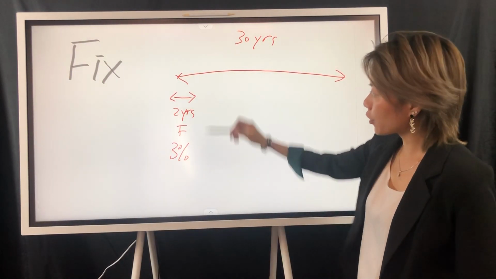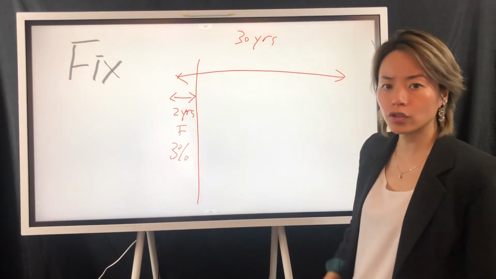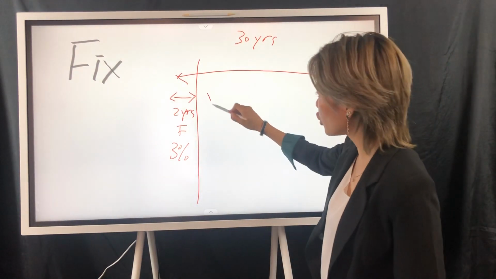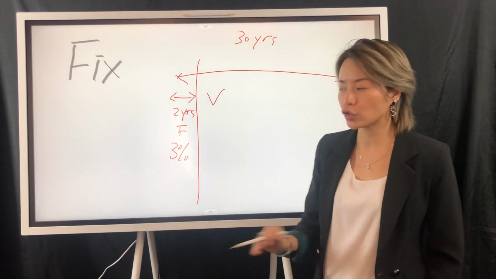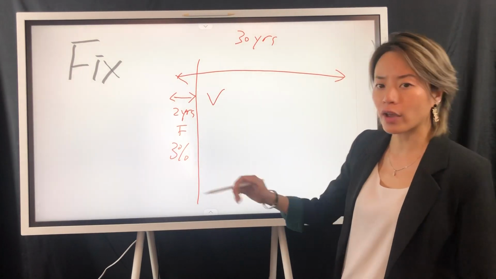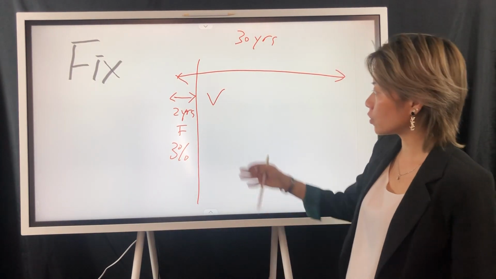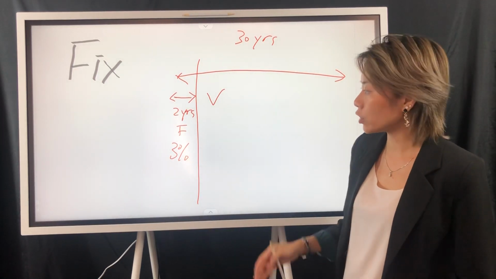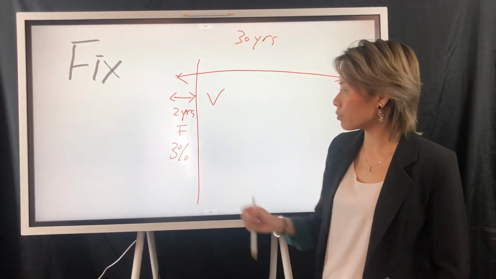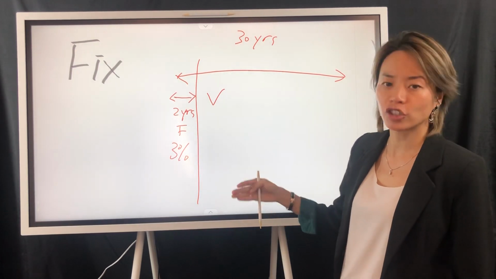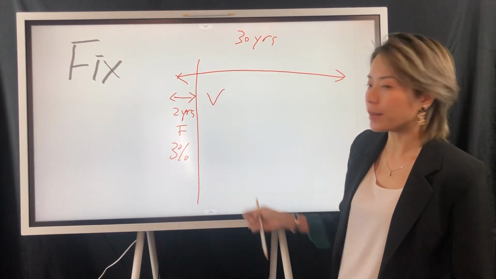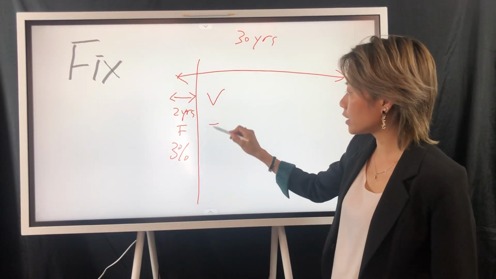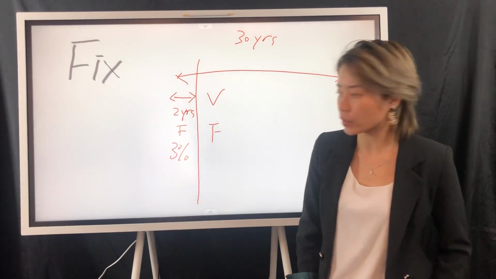From the 3rd year onward, if you don't do anything, it will jump to variable. So at that time, you have 2 options. The first one is to just let it be and go to variable. The second one is to ring up your banker or your broker and ask how much the fixed rate is at that time, so you can consider fixing it again or leaving it as variable.